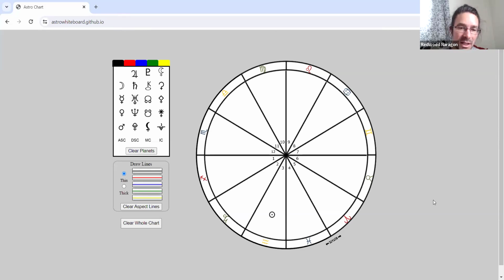Okay, so one of the things I think about the sun is, of course, in EA we think about the sun as our purpose in life. It's how we radiate, shine, and express in the world, and the sun is the source of all life. Wherever the sun is in the chart, especially by house, that's going to be an area of life where the individual has a certain amount of life force or vitality.